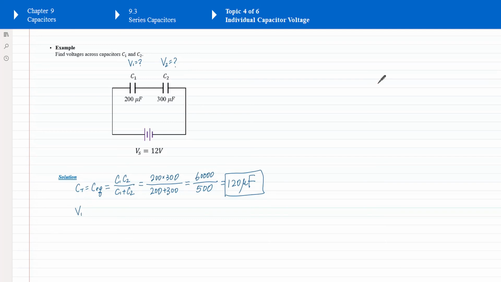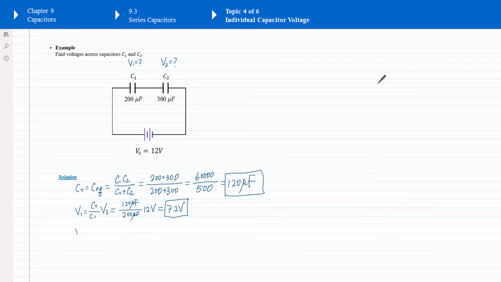According to the formula, V1 equals Ct over C1 times Vs. So V1 equals 120 microfarad divided by 200 microfarad times 12 volt. V1 equals 7.2 volt.